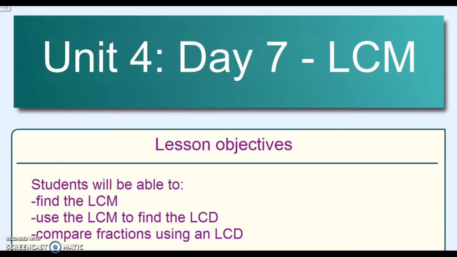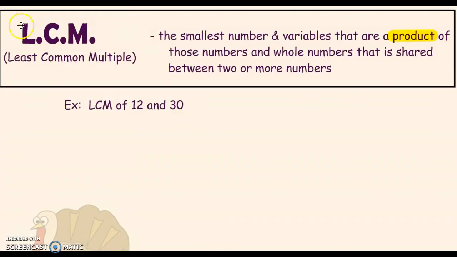So taking a look at what we did do, we started talking about the least common multiple. Remember, it's the product, and product means multiplication, of the whole numbers that are shared between two or more numbers. So one of the strategies that we did the other day was taking a look at multiples of 12 and 30 and just writing them out.